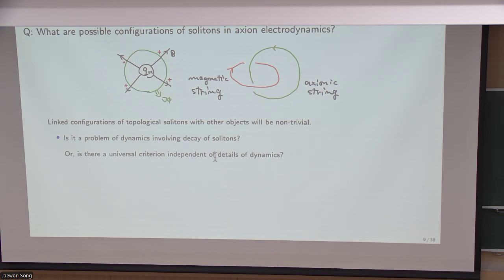So is it a problem of the dynamics involving the solitons, or is there a universal criterion independent of the detail of the dynamics? So how to discuss it? So we would like to have an exact solution for the linked configuration. However, I think it will be difficult due to the axion-photon nonlinear coupling. So are there any good approaches?